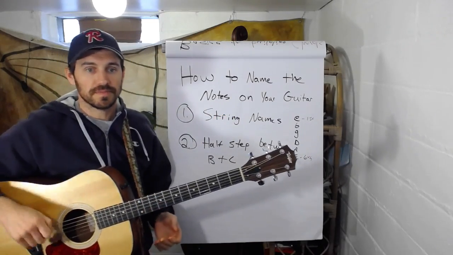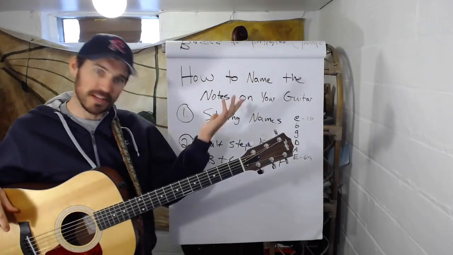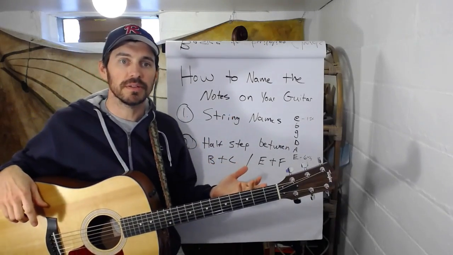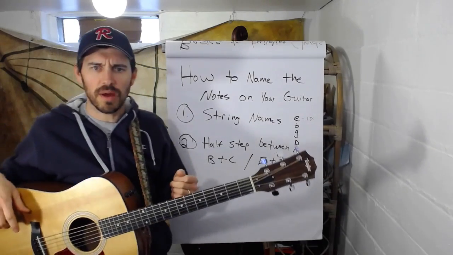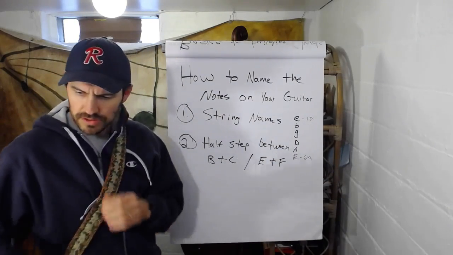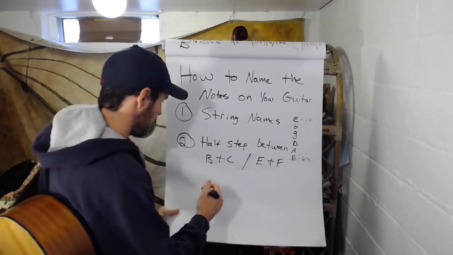Let's start with the low E string here. So I pluck the low E. It's sounding an E. Okay? So, I should write a little diagram, I think, here real quick. Let's do this. This will be even a better visual.